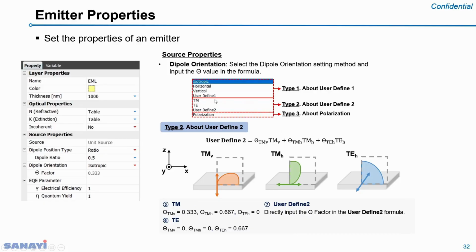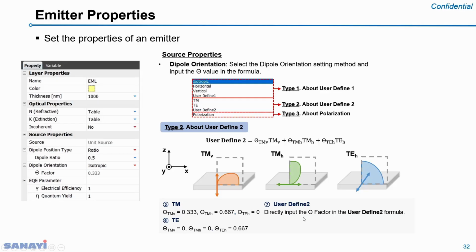And the next one is about user-defined 2. TM, TE are related to the user-defined 2 formula. In this case, you need to enter 3 terms: TM vertical, TM horizontal, and TE horizontal.